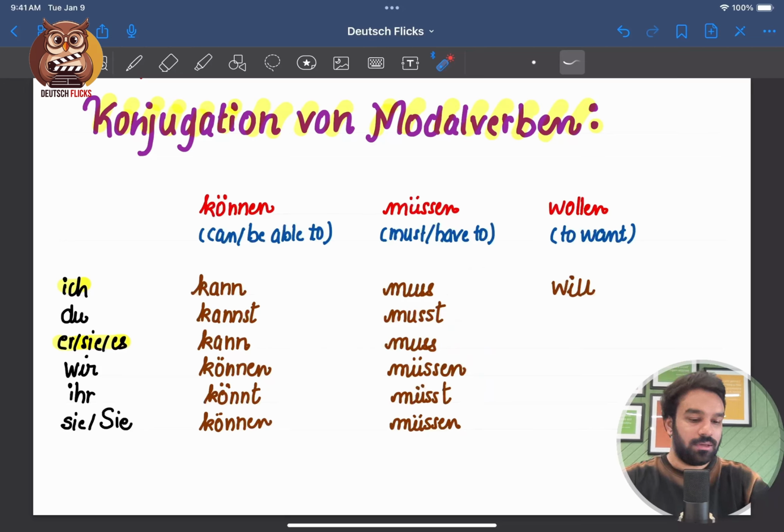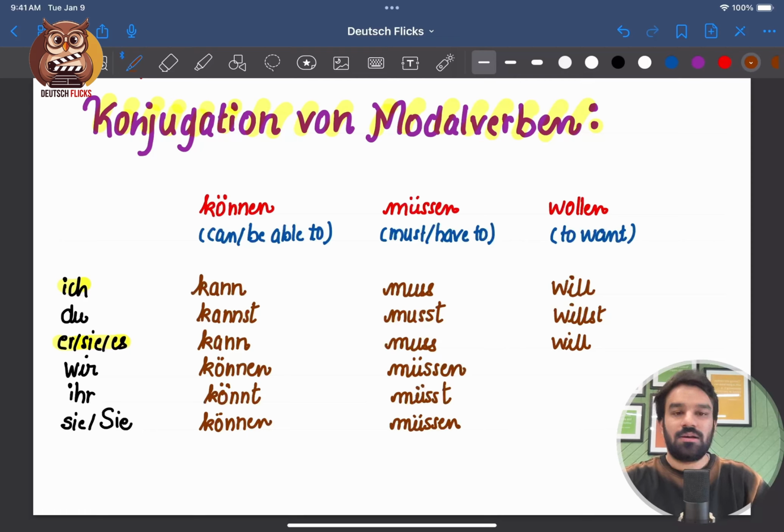Now for wollen, ich will, with du we add st, so it becomes du willst. Er will, wir and sie, Sie, it will be wollen. With ihr, we take the root woll and end it with t.